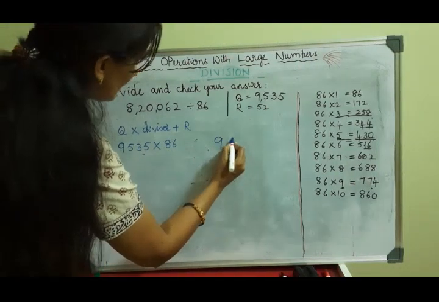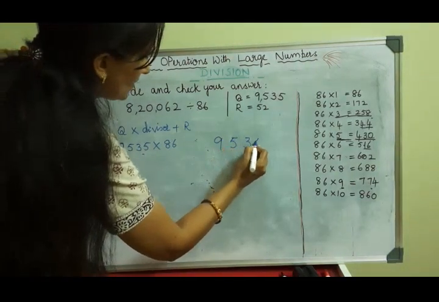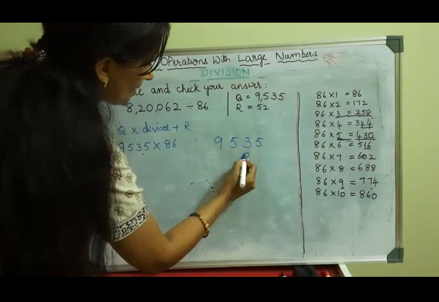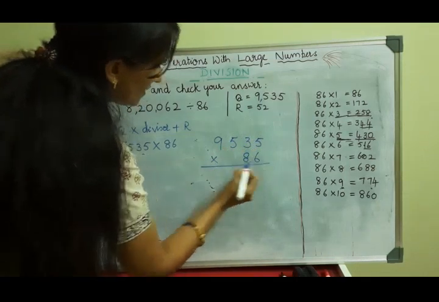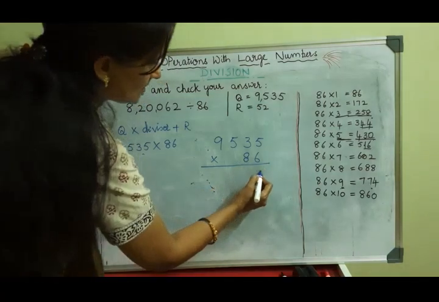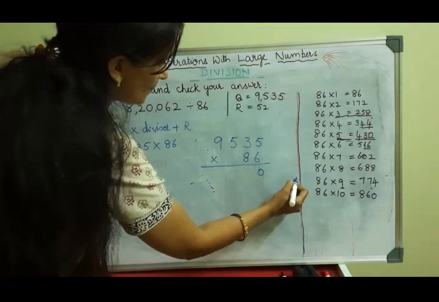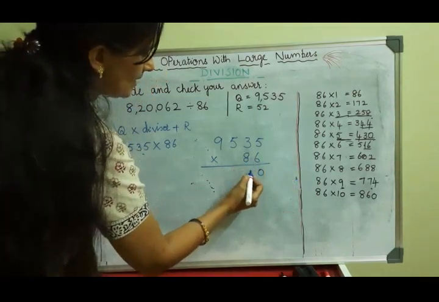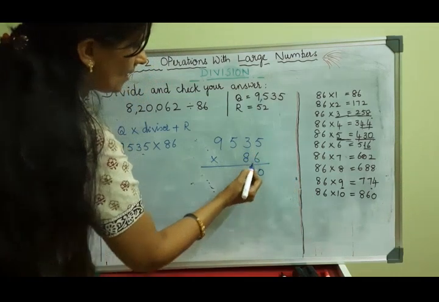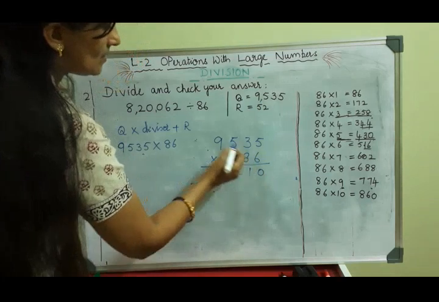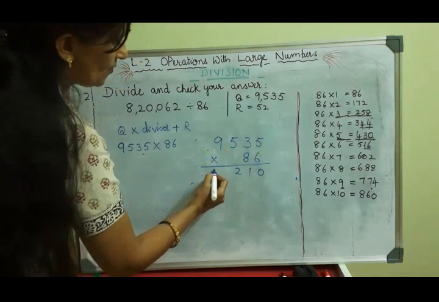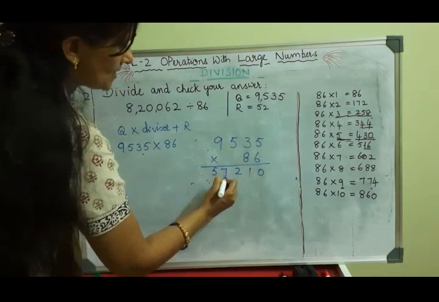Let me write here 9535. You know multiplication. I will go fast now to get the answer. 6 5s are 30. It is 3. 6 3s are 18. 18 plus 3 21. 2 in hand. 6 5s are 30. 30 plus 2 32. 3. 6 9s are 54. 54 plus 3 it is 57.